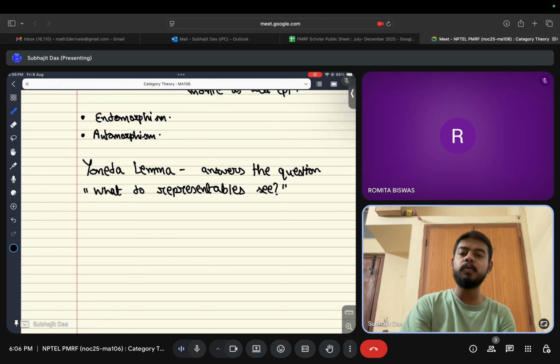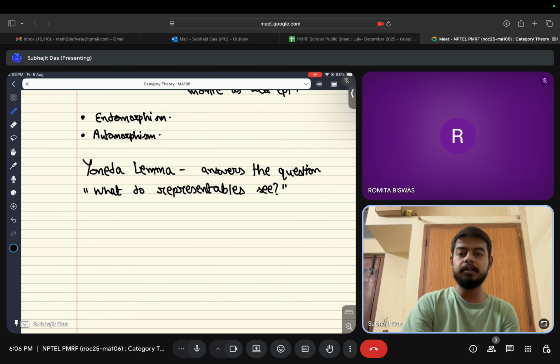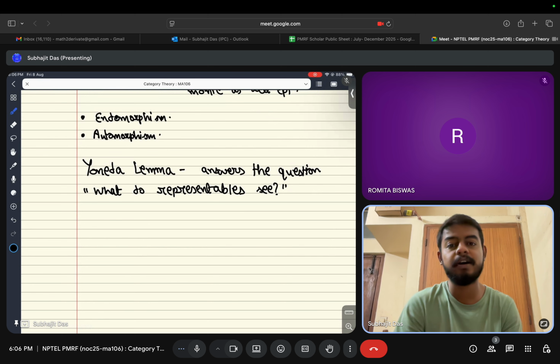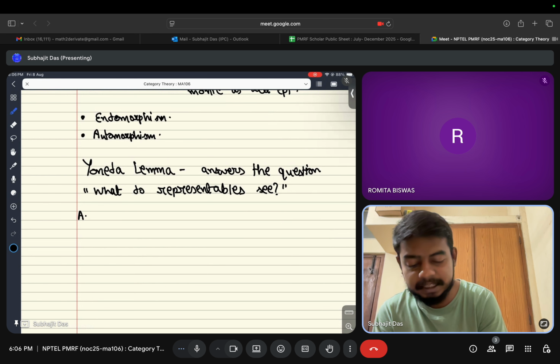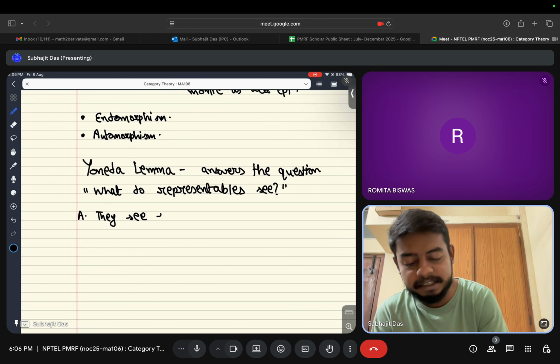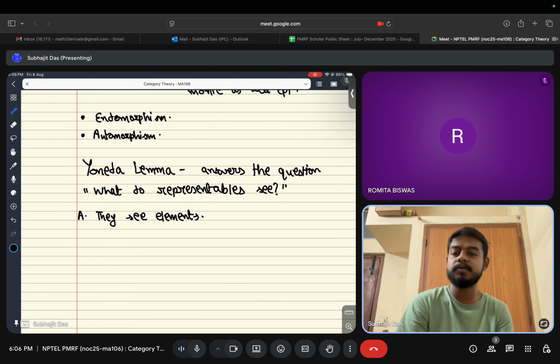In the sense that, what are exactly the maps coming out of the representables, or what are the natural transformations whose source is a representable functor, right? And the answer to this question is they see elements, right? That's what you learned. That is what the Yoneda Lemma says.